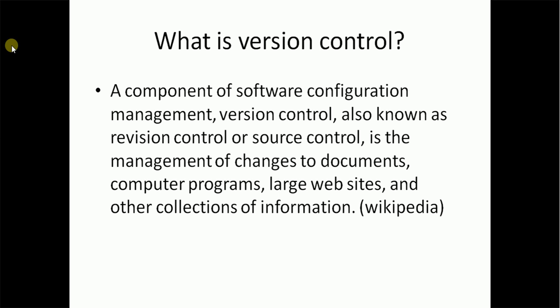What is version control? A component of software configuration management. Version control, also known as revision control or source control, is the management of changes to documents, computer programs, large websites, and other collections of information.